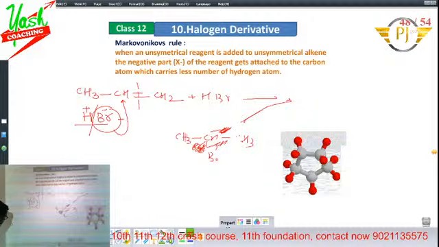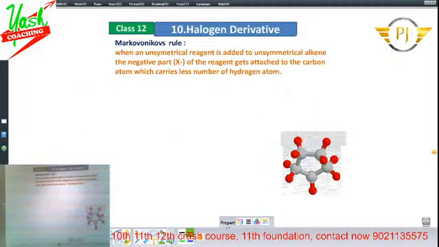Exactly reverse to that is the anti-Markovnikov rule.